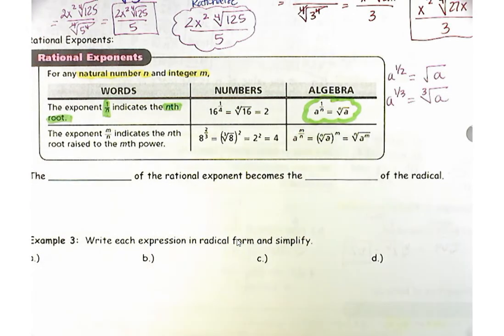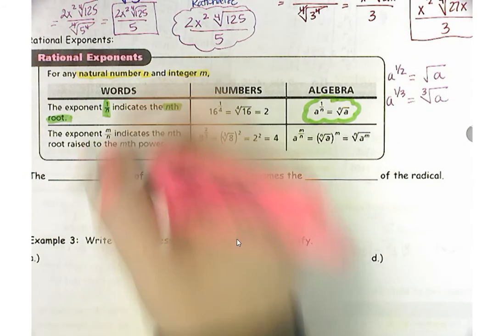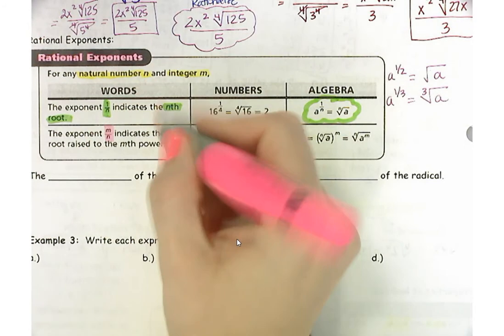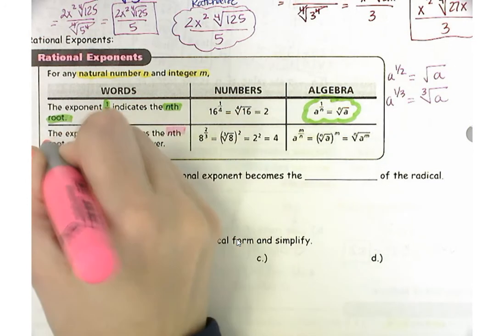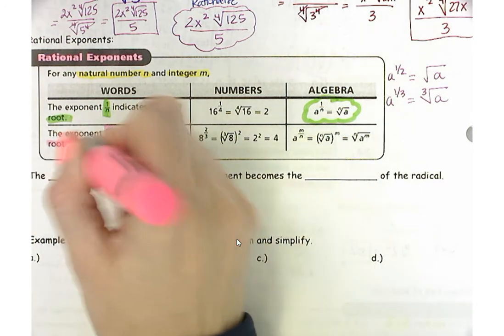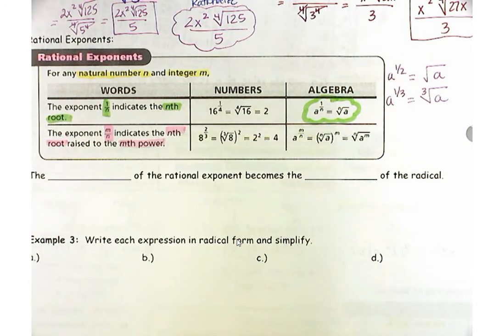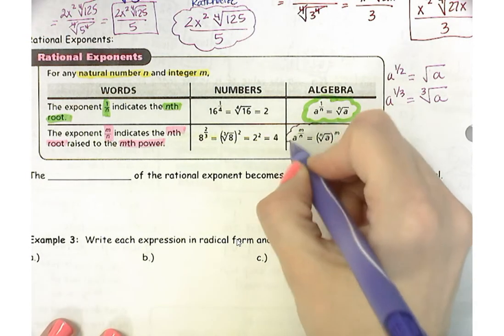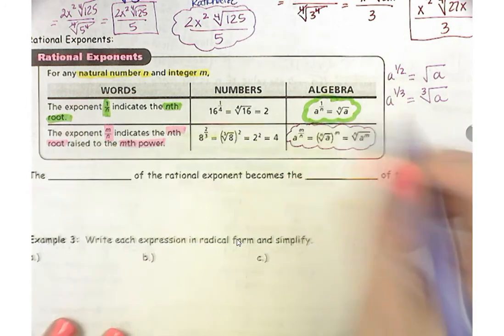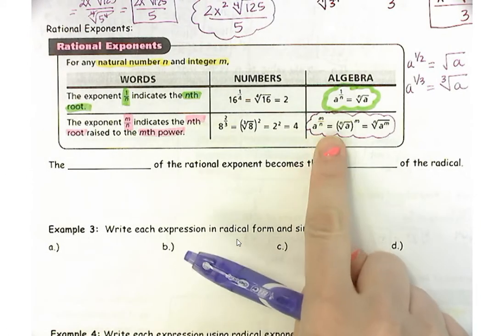All right, so we're going to just reinforce those things we just talked about. So the first thing we have to know is anytime you have 1 over n, that's going to be the nth root of your a value. It really is the same thing as this. It's just if you raise anything to the first power, you're going to get the same thing. Notice here that you have two equations.